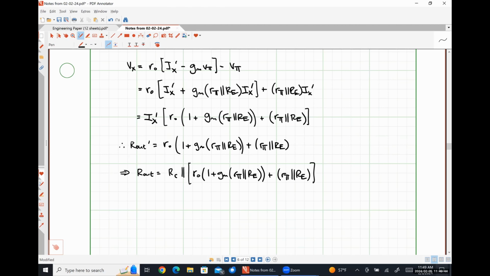So we can kind of see what's going on here, or what the effects of our degeneration are.